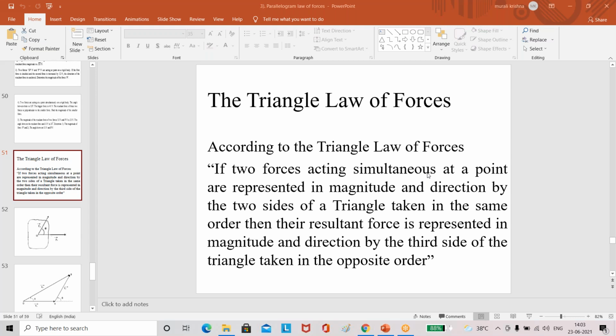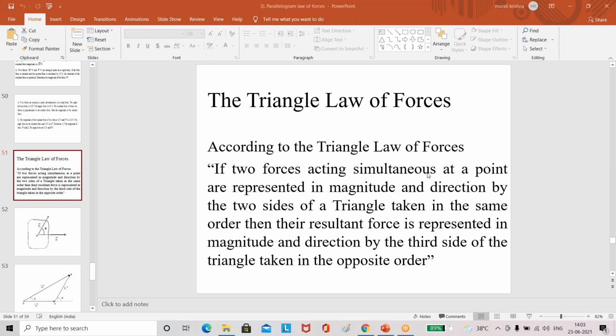By preparing the force parallelogram on the white paper, we know that force F1 bar is taken as the side OA of the parallelogram. Similarly, force F2 bar is taken as the side OB of the parallelogram. Then complete the parallelogram.